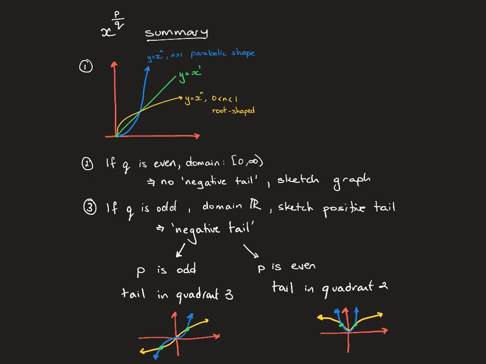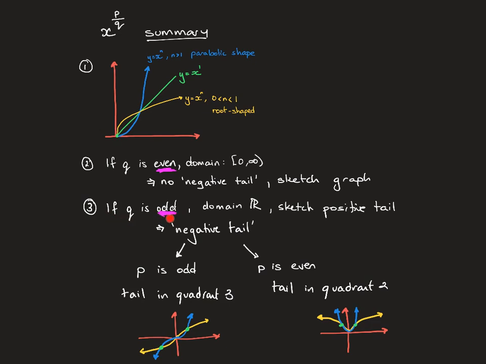The next thing you need to do is to check whether your denominator, your q value, is even or odd. If it's an even number, you have only a positive domain, so you have no negative tail for your graph, so you can just sketch either a root-shaped graph or a parabolic shaped graph, depending on the overall size of the fraction.